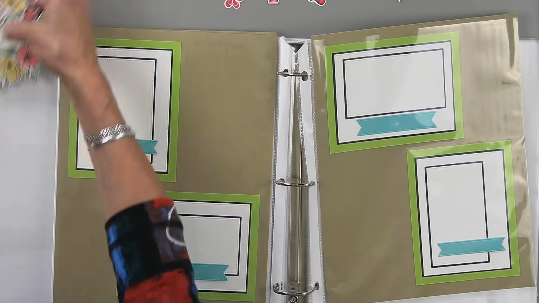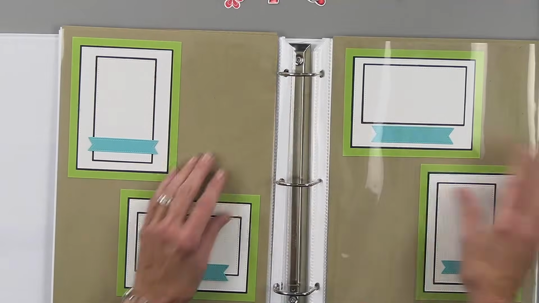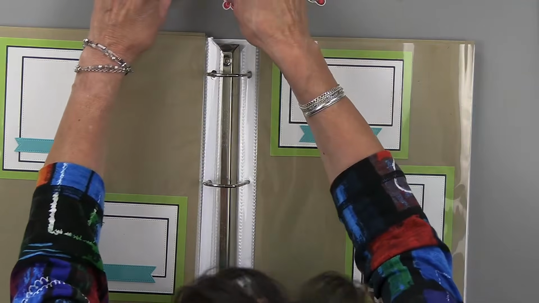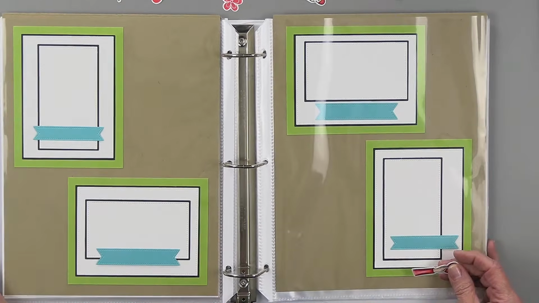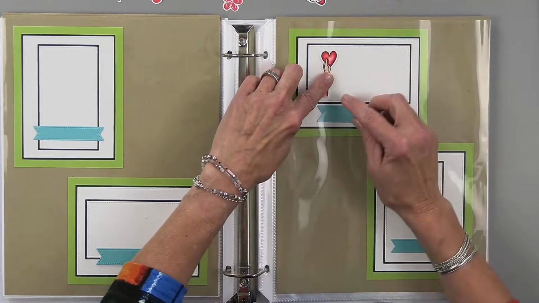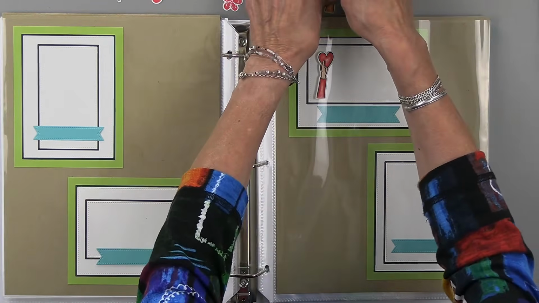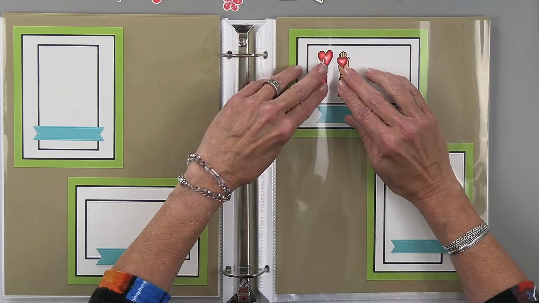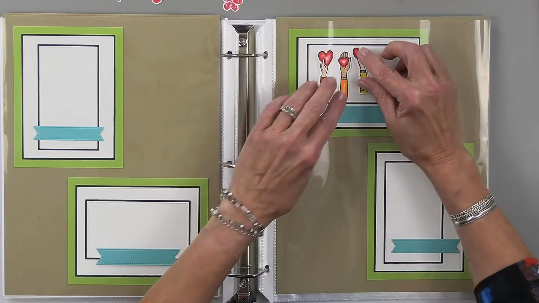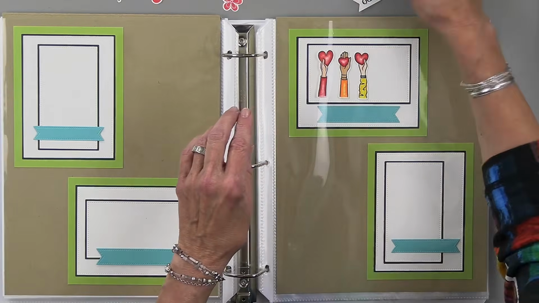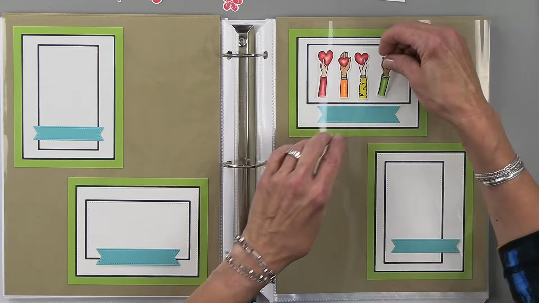Now let's try a couple other things here because I've got different ones. This one I really like. I cut all these out last night, and I thought this particular layout would look really good with this. I wanted to do like a little rainbow thing here. So this stamp set is called You Are So Loved.